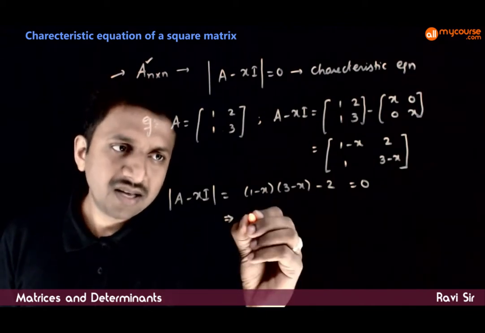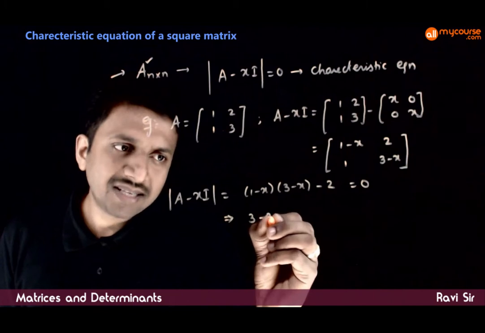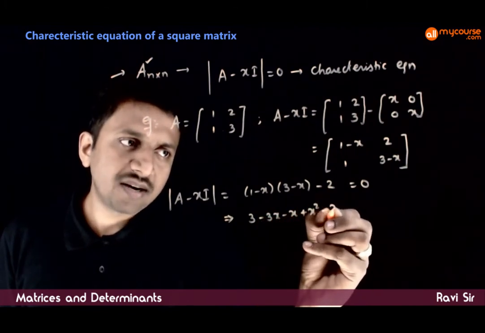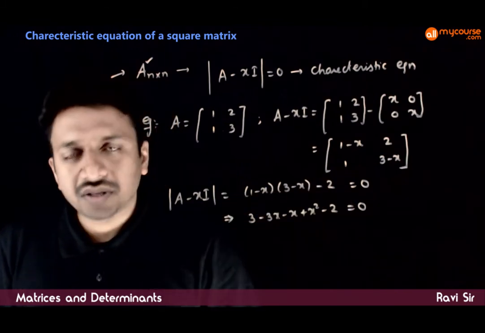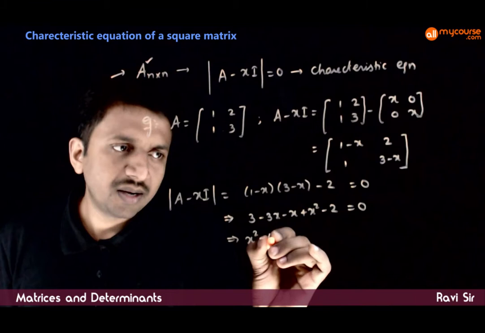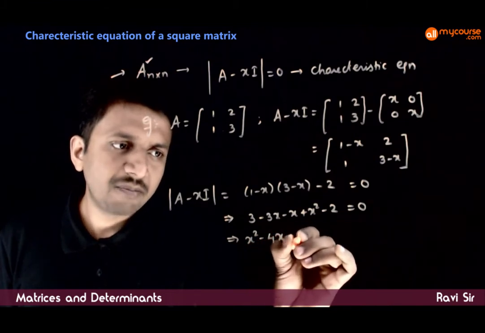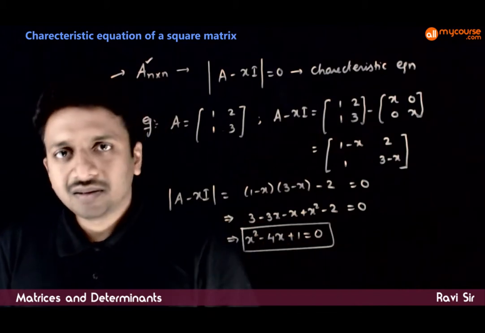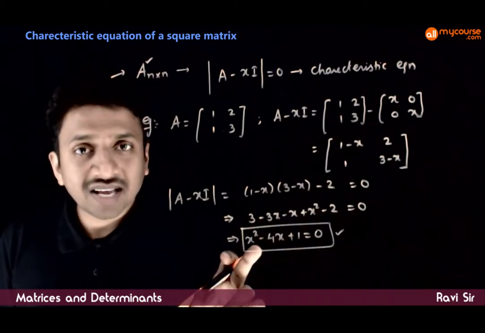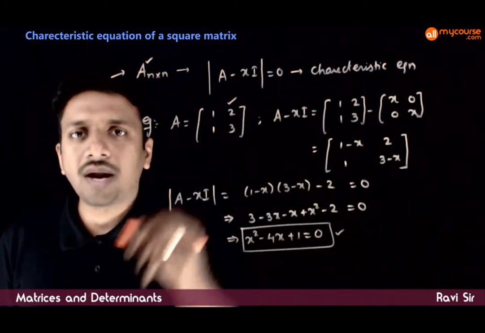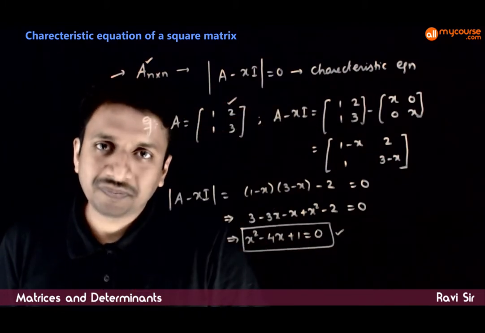That implies 3 minus 3x minus x plus x square minus 2 is equal to 0. This implies x square minus 4x plus 1 is equal to 0. So this is the characteristic equation of the matrix 1, 2, 1, 3.